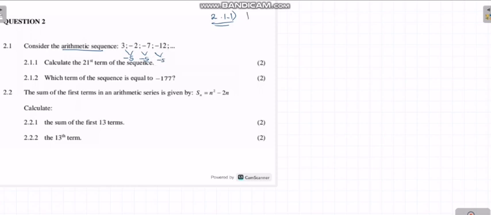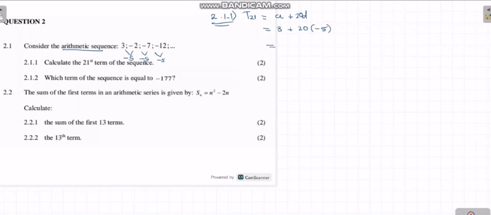So the 21st term, remember, term number 21 is the same as a plus 20d. So in this case our a is 3 plus 20 into our d, which is -5.